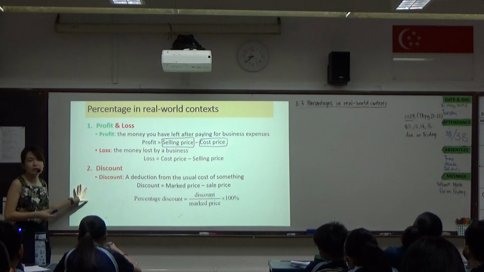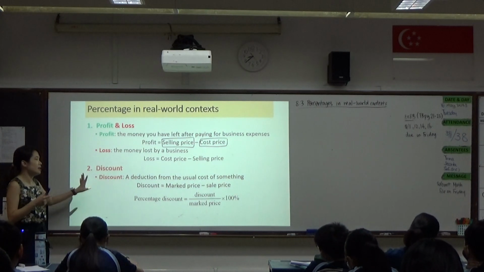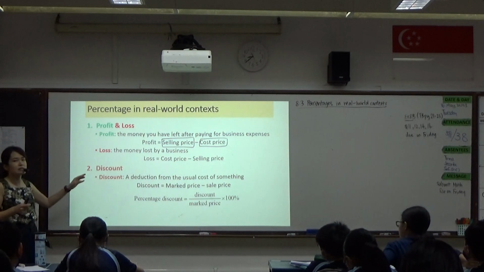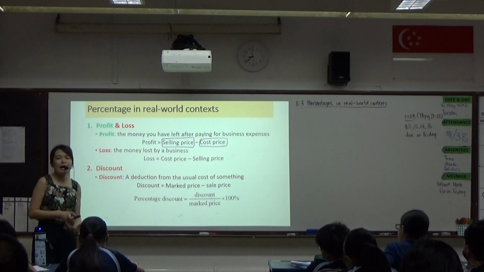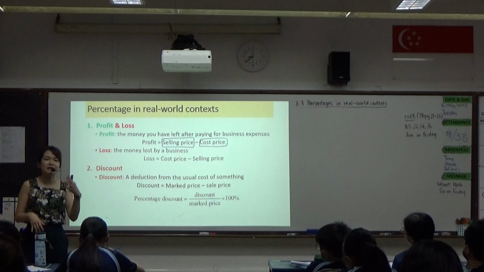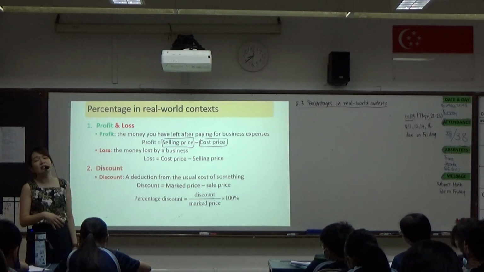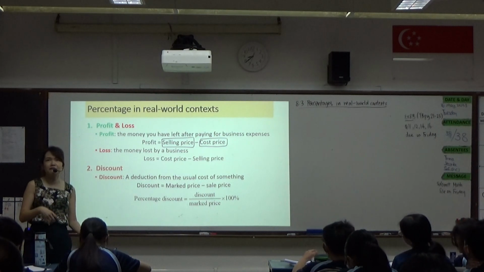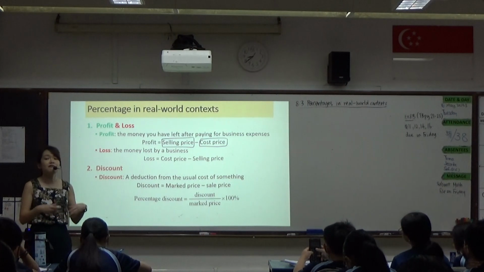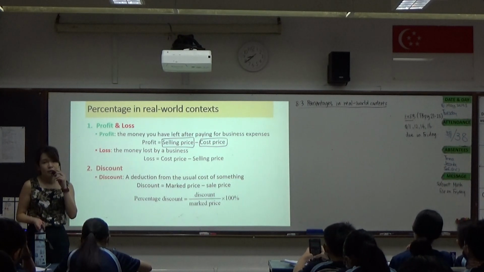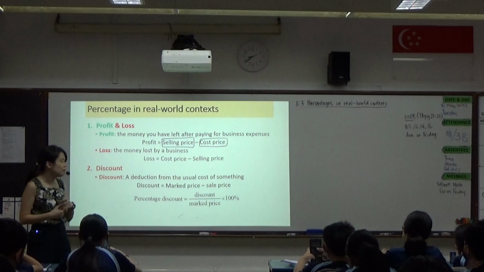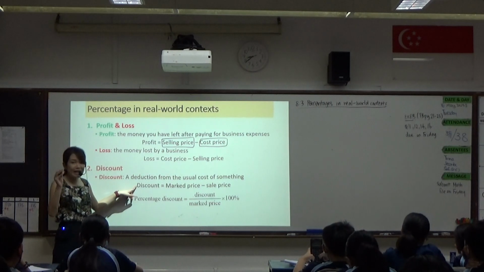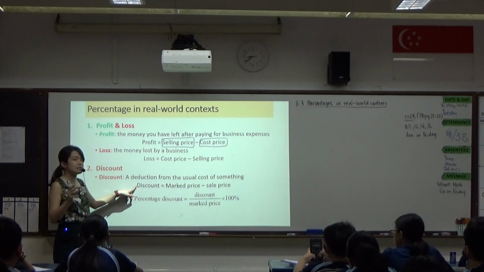For discount, like what a student was saying, it is a deduction from the usual cost of something. So let's say I originally sell my banana cake at $5, and then I give a discount to sell at 50 cents instead. So I gave a $4.50 discount. So discount itself is actually a monetary value, $4.50.